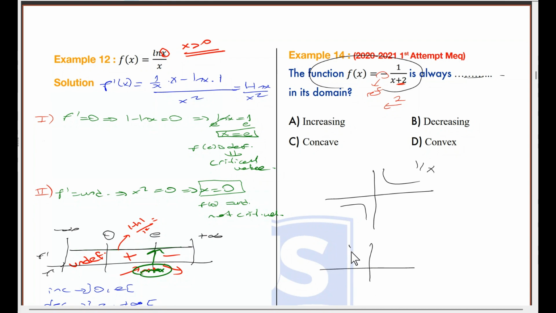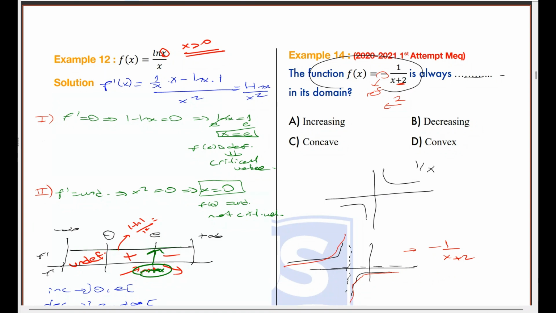The vertical asymptote will pass through -2 then, and reflecting your graph, it's going to be something like that, right? Okay, this is our new graph, -1 over x plus 2.